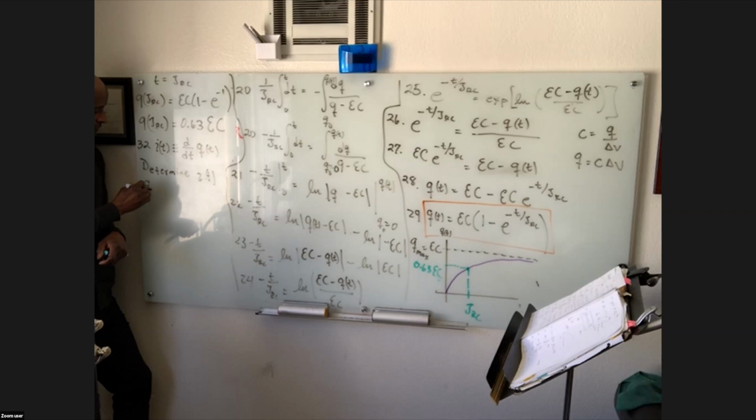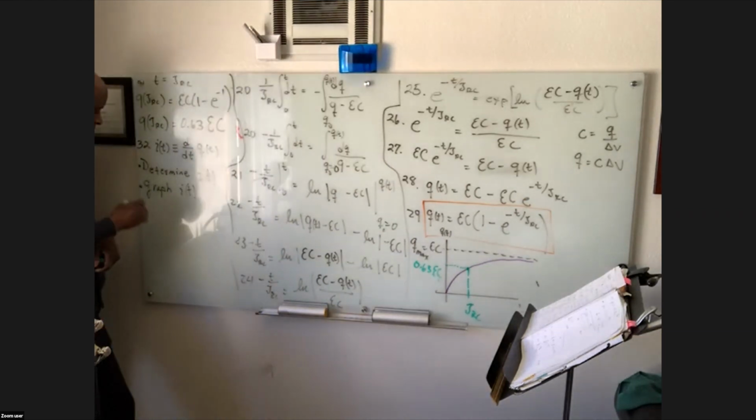Go ahead and sketch the graph of I of t, and determine the meaning of the time constant for that circuit.